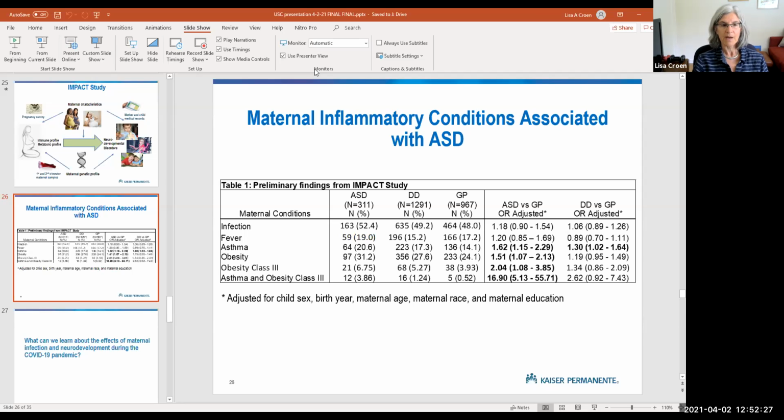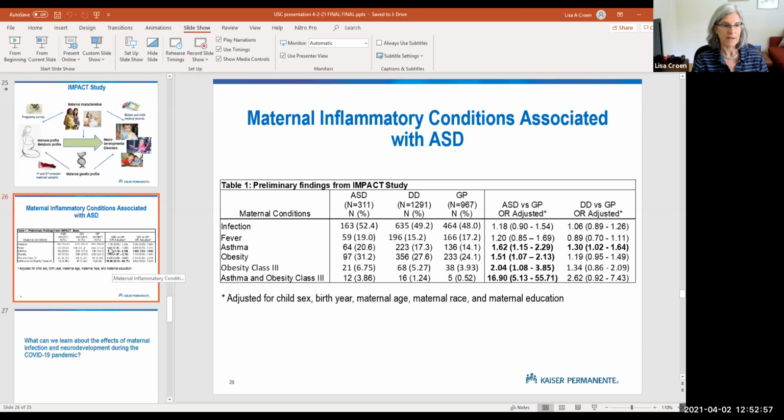I know how we got there. When we looked at the conditions individually, I was expecting to see an association with some kind of infection, which we actually didn't see. That was consistent with what I reported from the SEED study, where overall, if you look at infection, you don't see any association, but when you look at specific infections, you might.